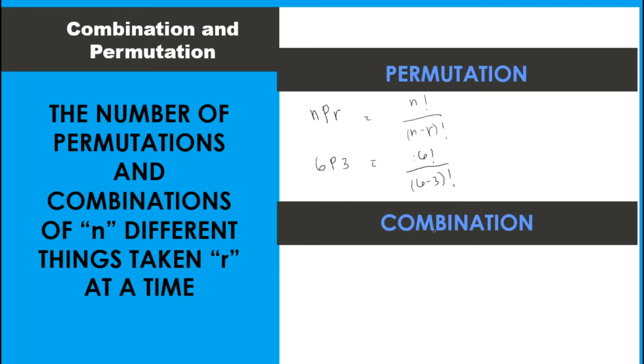For combination, it is different. We have n elements taken r at a time, so we have n factorial over r factorial times quantity n minus r factorial, or we can put this as nPr over r factorial. So this portion is just nPr.